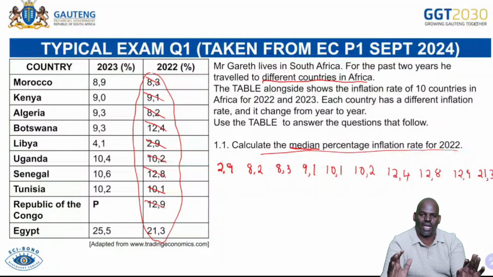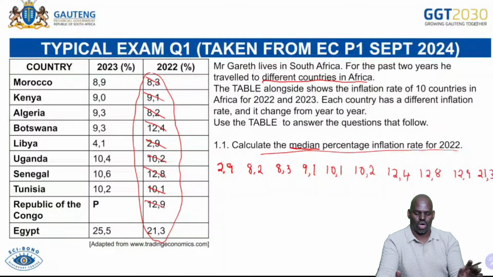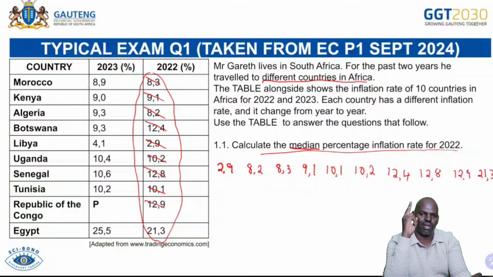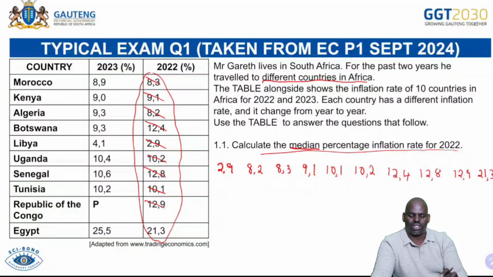An even number means it is divisible by 2. So if it's an even number, I'm going to have 2 values in the middle. If I've got an odd number of values, then I'm going to have only 1 value in the middle. So in this case, there's 10 of them, so I'm going to have 2 in the middle.